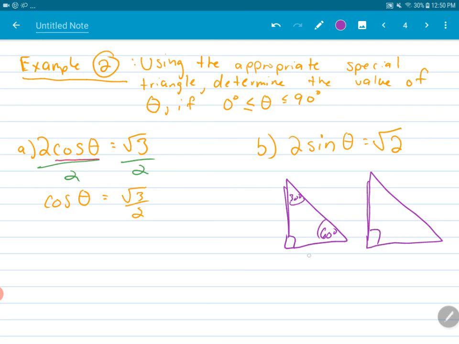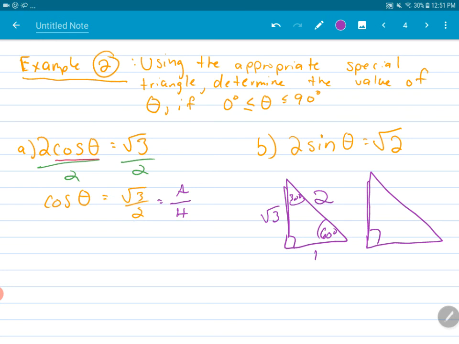Just by drawing the first one out, I know that I have 1, root 3, and 2 right there. So the 45-degree triangle isn't really useful here because there's no root 3 in that one. And we also know that cos, based on SOHCAHTOA, is adjacent over hypotenuse. So which angle, 30 or 60 degrees, is going to give us an adjacent of root 3 and a hypotenuse of 2?